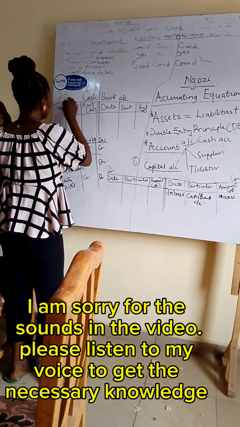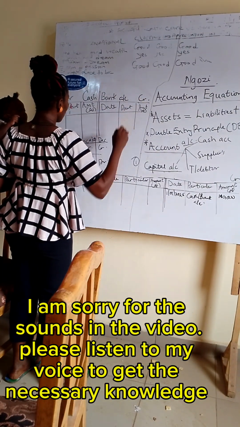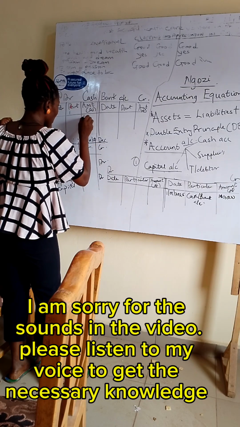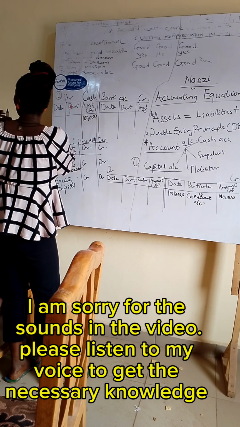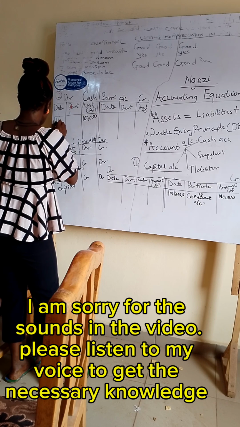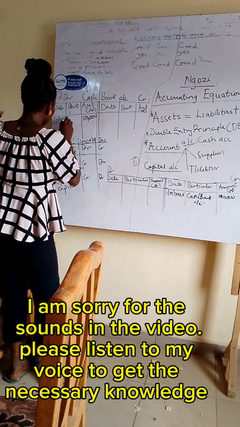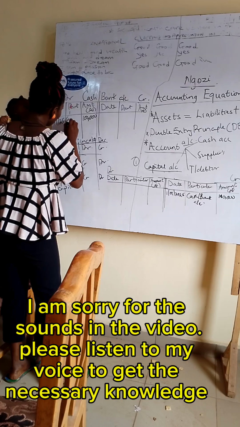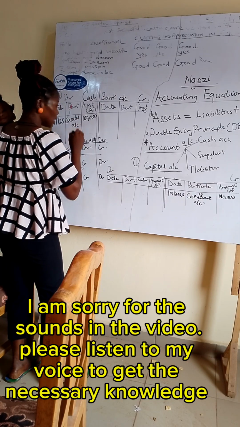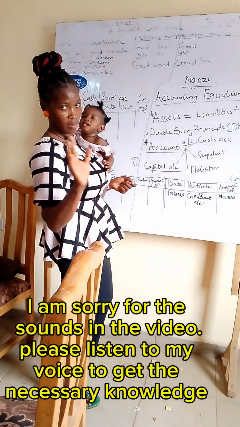Hope you understand this. Okay, so it's the amount of money, 100,000 naira. And the date is what? The 1st of January 2025. The particular is what? Capital account. This is the corresponding account.